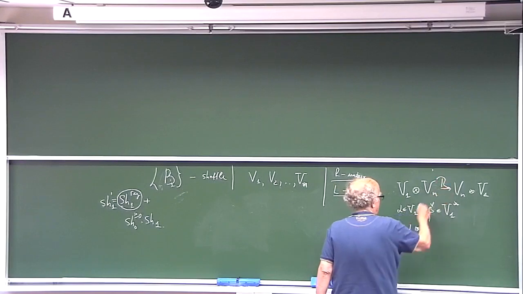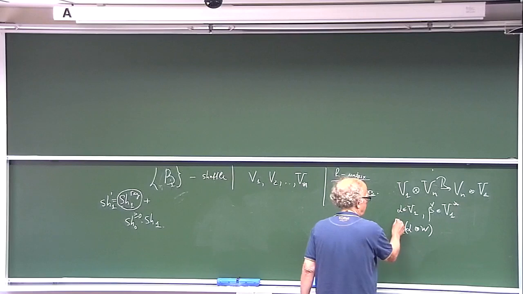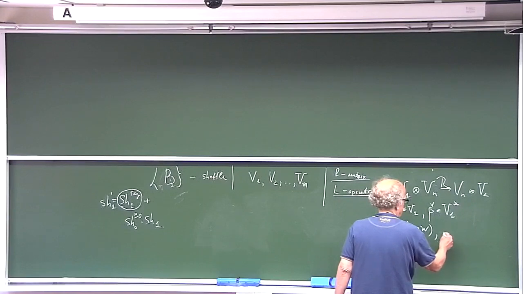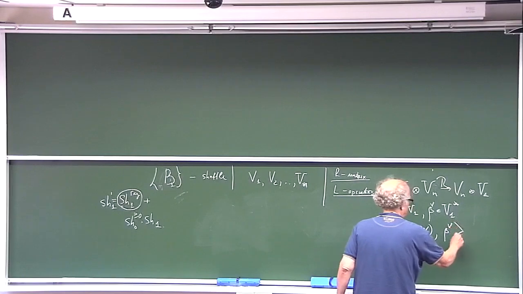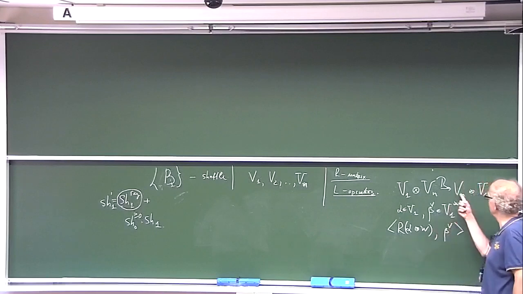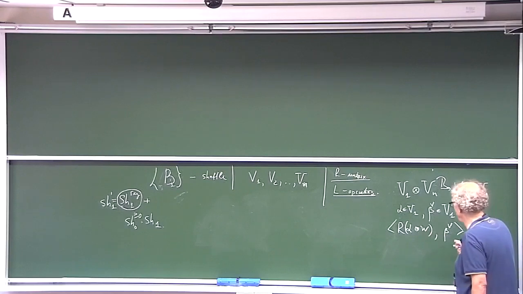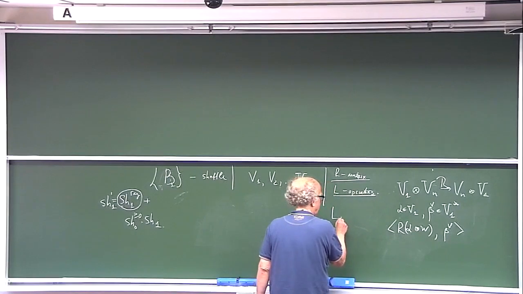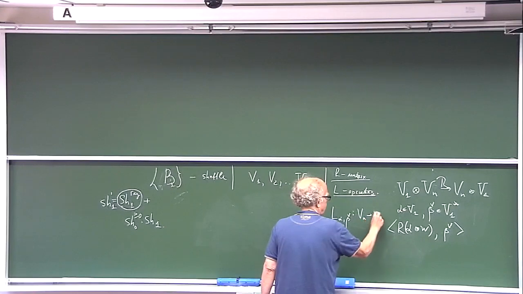Then apply this R, and pair with beta check. Because this is here, if I pair it with beta check, I go to this. And this is the standard definition of the L operator. This L operator is denoted by alpha, beta check, and this is acting from Vn to Vn.